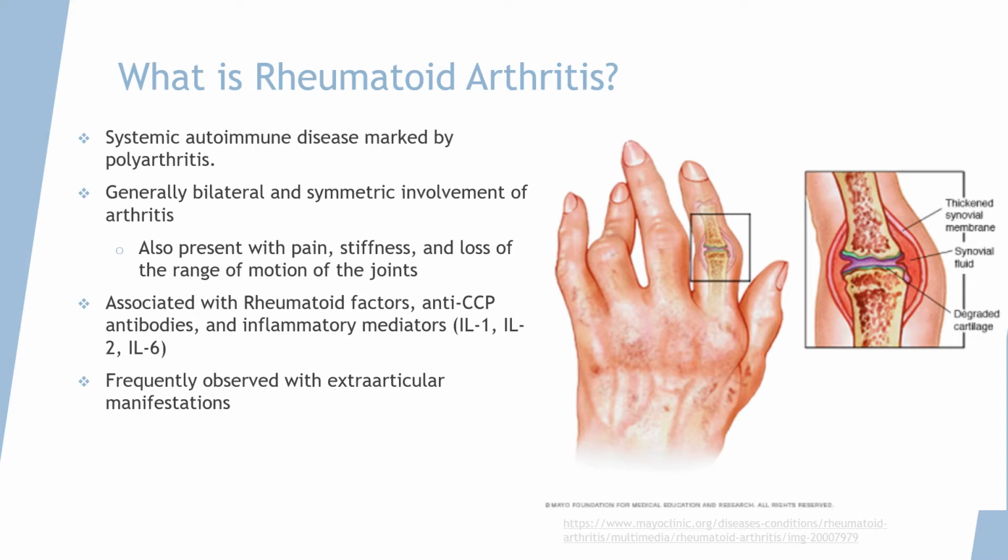However, that does not mean rheumatoid arthritis has to occur with the presence of RF or anti-CCP. This rheumatoid arthritis, as we will learn in the subsequent slides, is frequently observed with extraarticular manifestations.